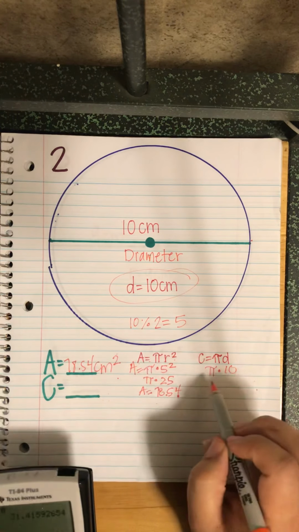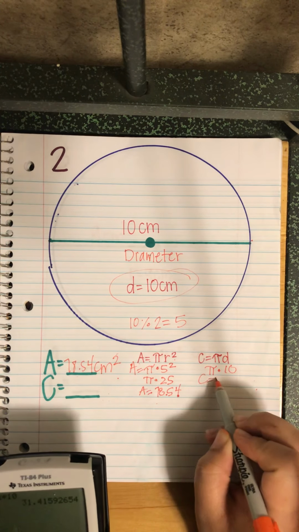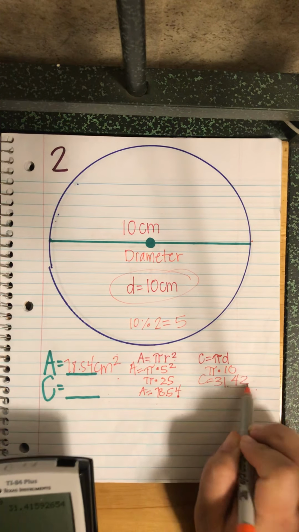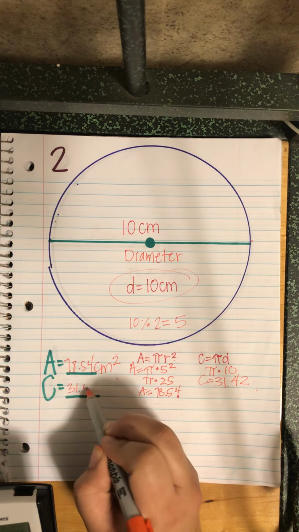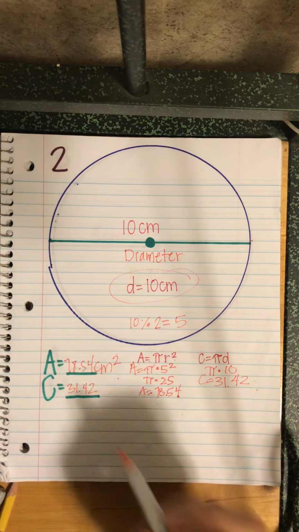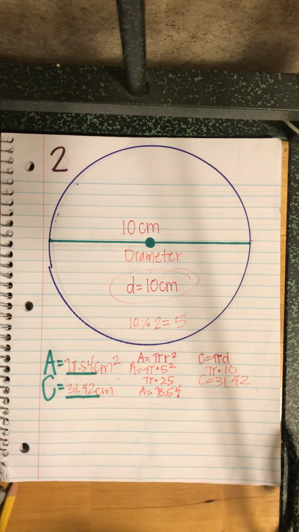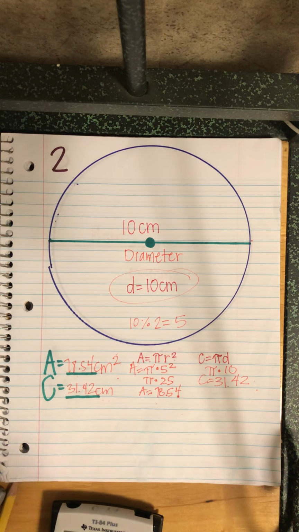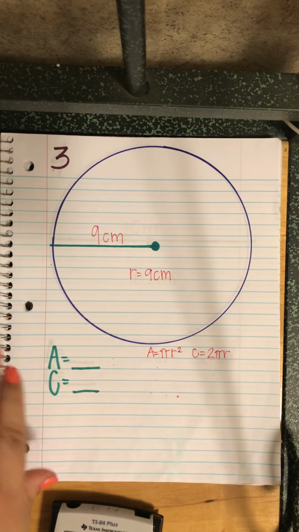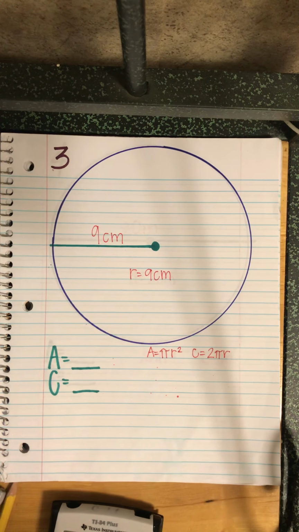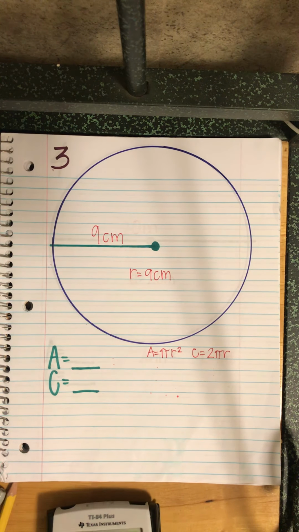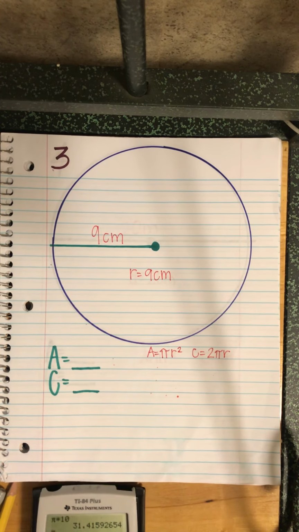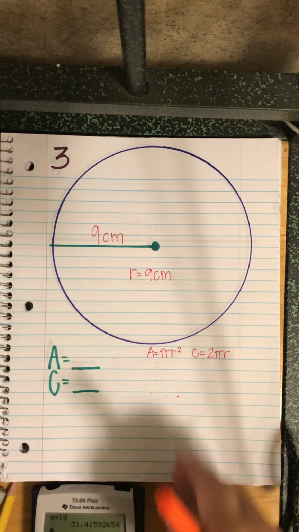So circumference equals 31.42. 31.42, and we label it just centimeters because that's the circumference. All right, number 2. Once you get completely comfortable with using your calculator, you can just punch in numbers and you'll get your answers without having to do the steps.